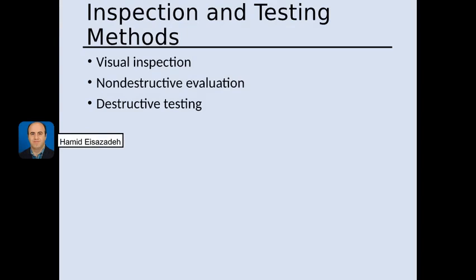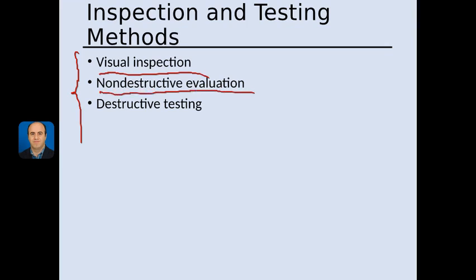In this section, we want to look at three methods of inspecting the weld sample. It can be visual inspection, it can be non-destructive, as well as destructive testing methods.